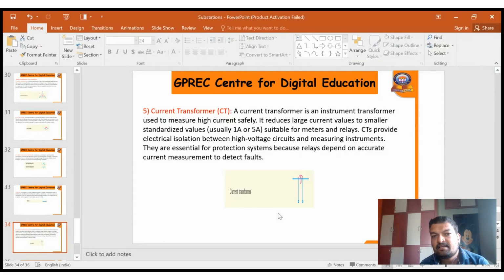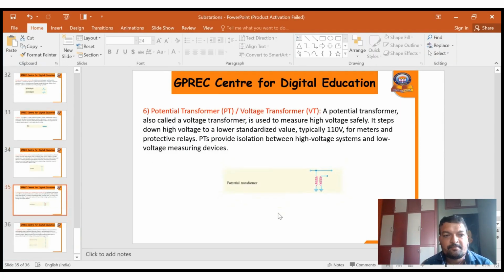It provides electrical isolation between high voltage circuits and measuring instruments. They are essential for protection systems because relays depend on accurate current measurements to detect faults. So this is about the current transformer.